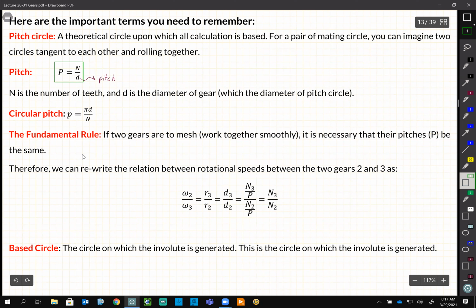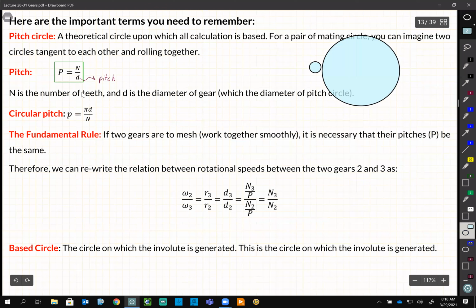And a fundamental rule, which in your assignment yesterday you should have seen: when two gears work with each other, they mesh together. That's the terminology we use, two gears being meshed together. They should have the same pitch, all right? So it doesn't matter if I have a small gear here and a very large gear there.